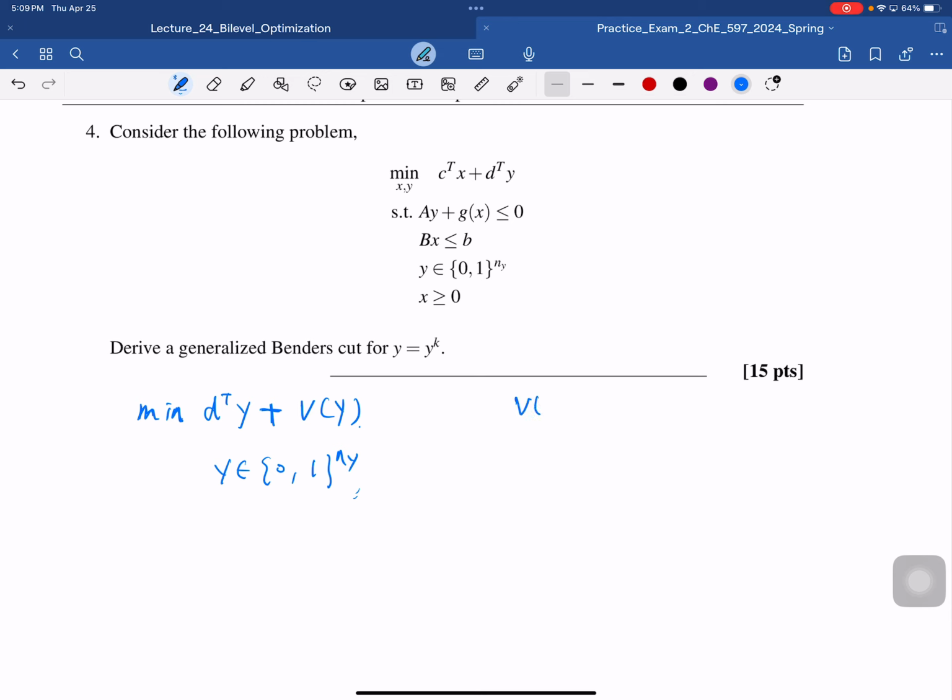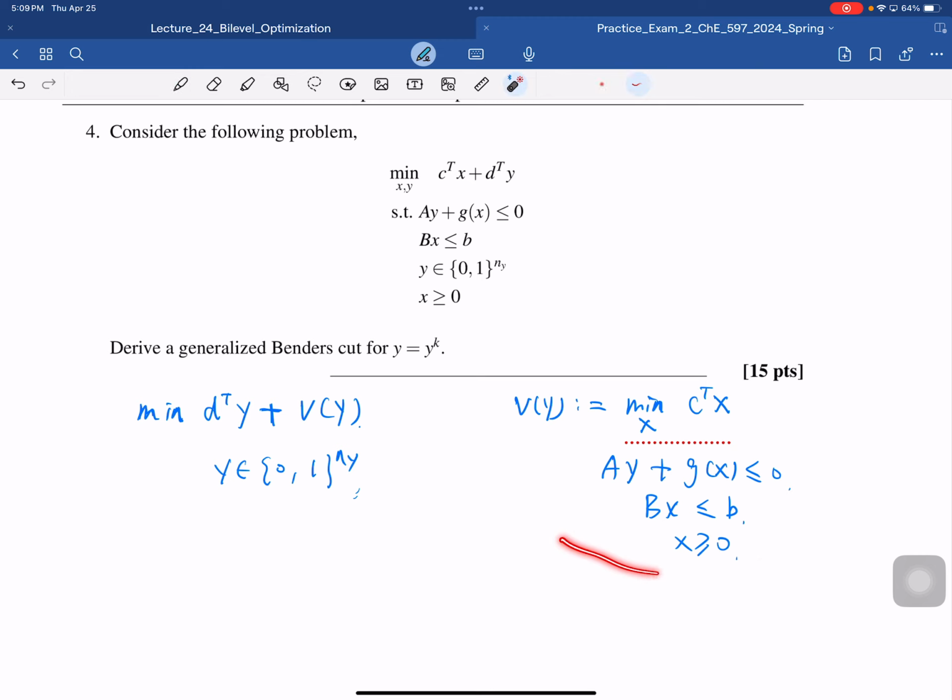By definition, we can define V(y) as the following problem: minimize over x, c transpose x, subject to Ay plus g of x less than or equal to 0, and Bx less than or equal to b, x greater than or equal to 0. Right? So this formulation and the original problem are equivalent.